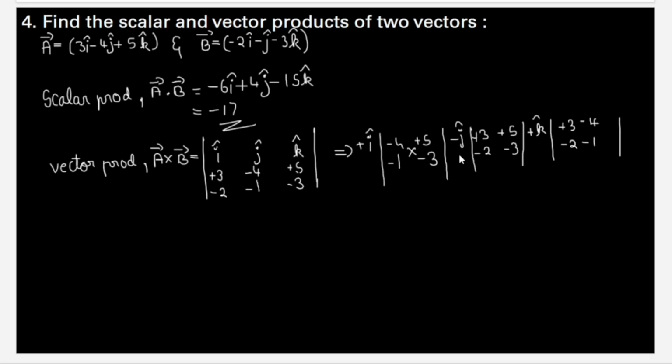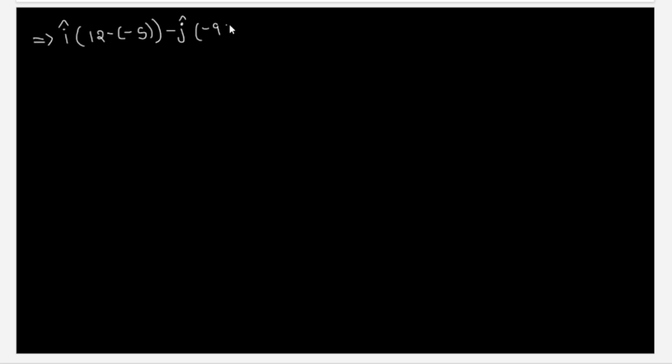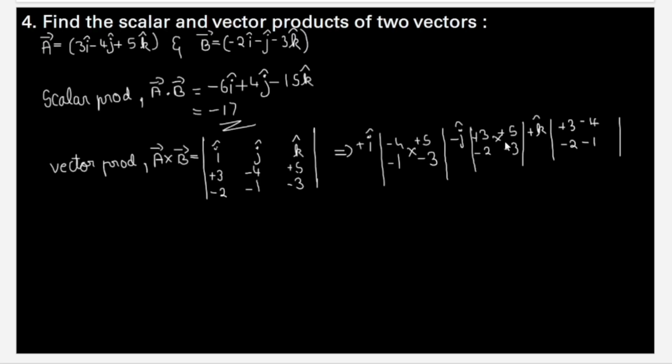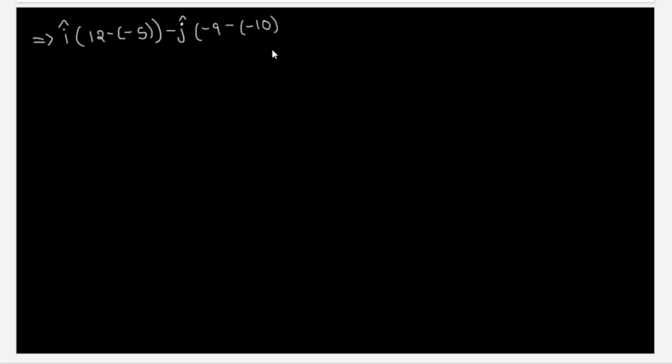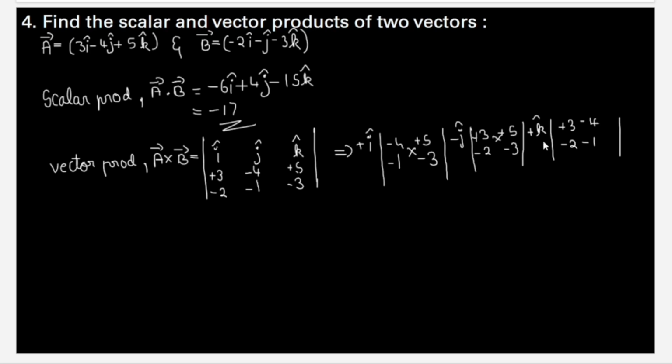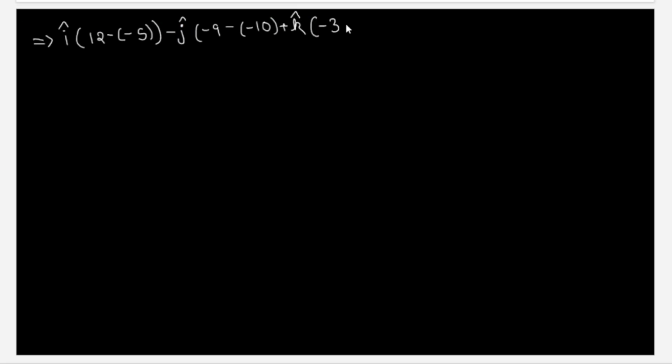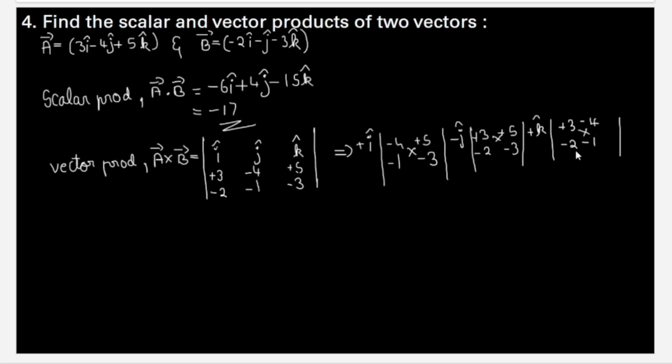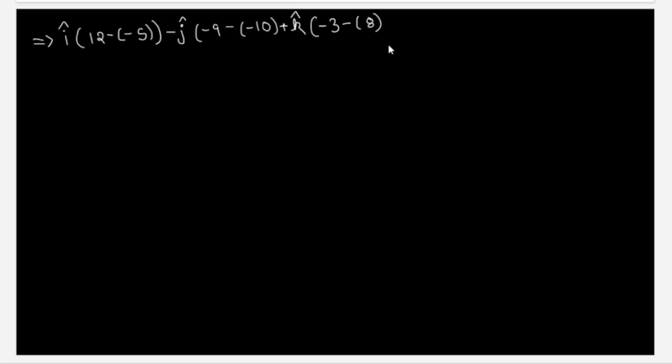Then minus j cap. We multiply this. 3 into minus 3 is minus 9, minus 5 into minus 2 is minus 10. Then plus k cap. We multiply this and this and this and this. Plus 3 into minus 1 is minus 3, minus 4 into minus 2 is plus 8.